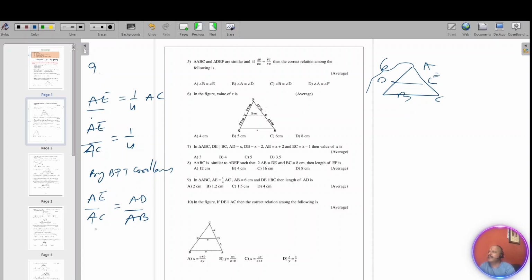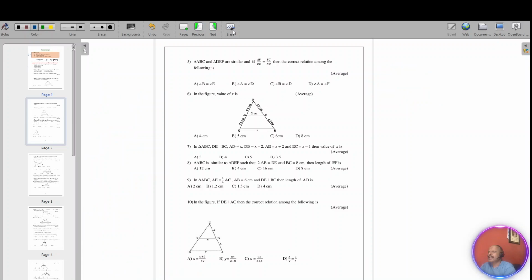AE by AC is 1 by 4. AD we want, and AB is given as 6. Therefore AD is equal to 3 by 2, that is 1.5 centimeter. All questions are similar, only you have to think and apply the BPT or corollary of BPT. That's it. Let's see the 10th one.